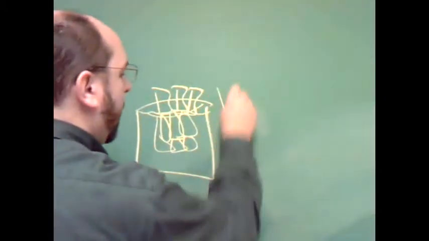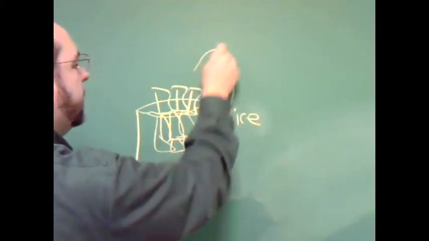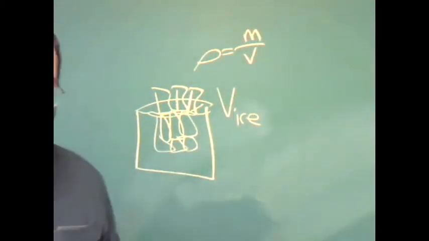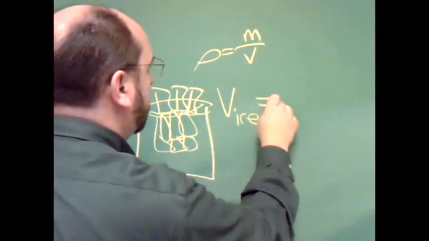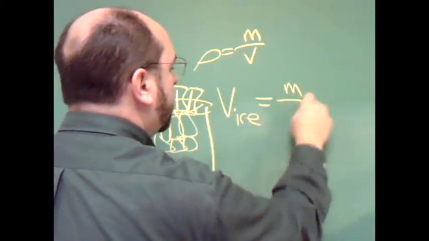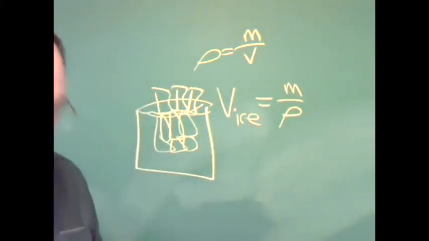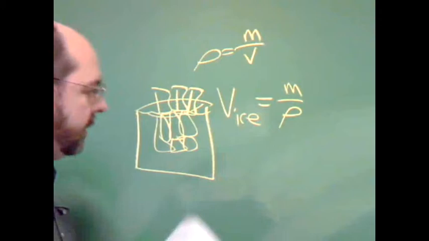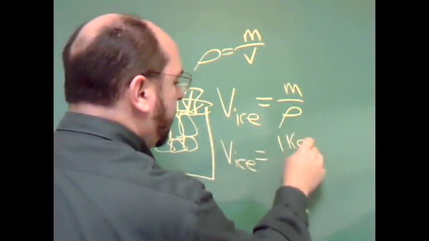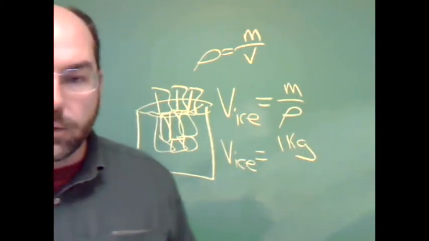The volume of the ice, remember density equals mass over volume. The volume of the ice then equals mass over density. So let's say that we have 1 kilogram of ice sitting there in the water.